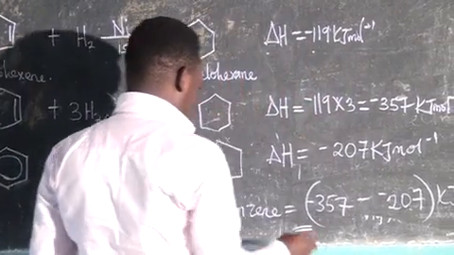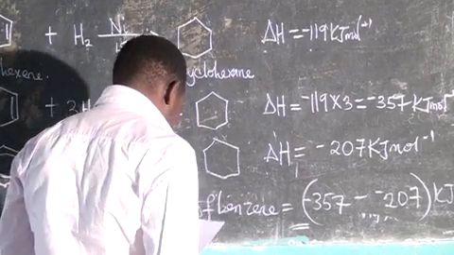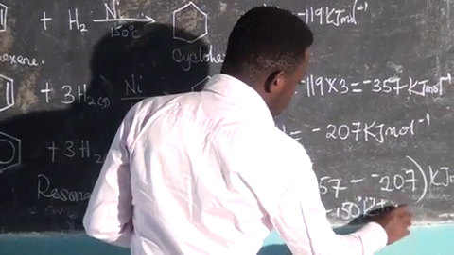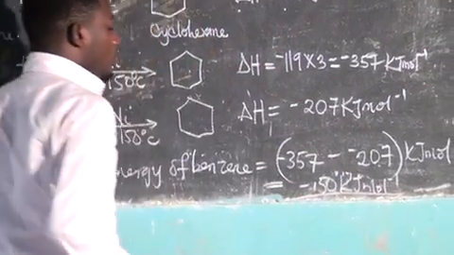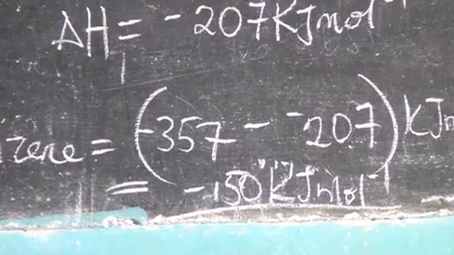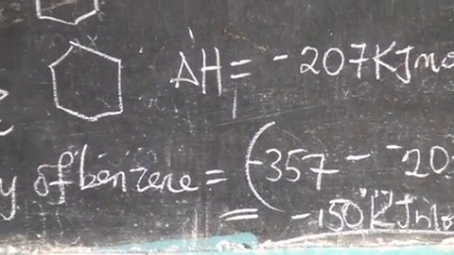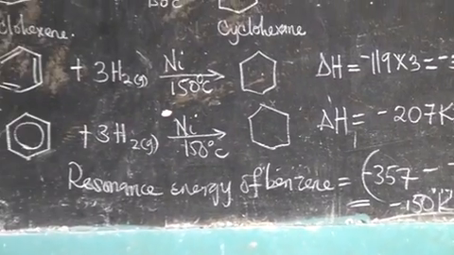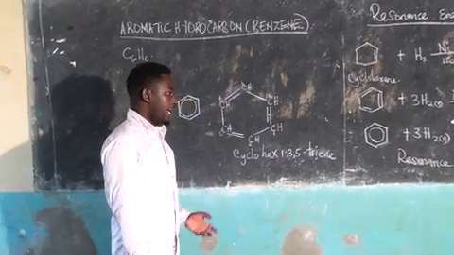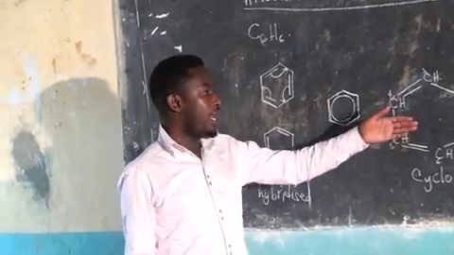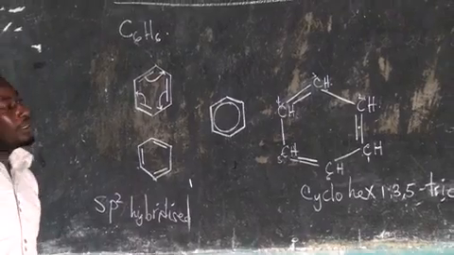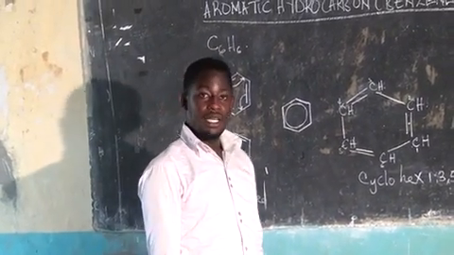And the answer there is minus 150 kilojoules per mole. So this one we call the resonance energy of benzene. This is the energy that is responsible for the stability of benzene. So we can simply say that benzene is more stable than expected according to the structural formula of benzene, which was suggested by a man known as Kekule.